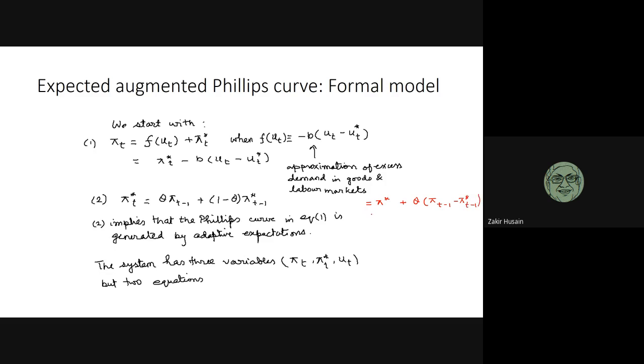Sorry, there should be this. What we are basically saying is that your expectations in the current period will depend upon expected pi in the past and your error.